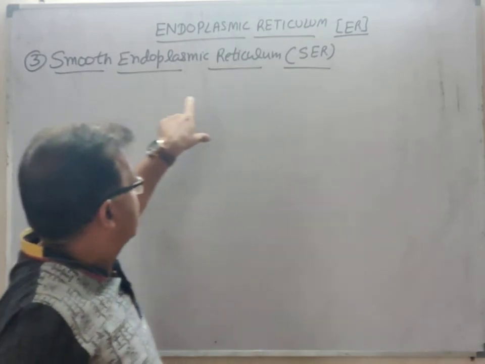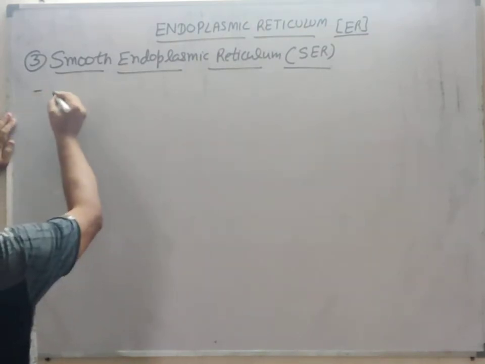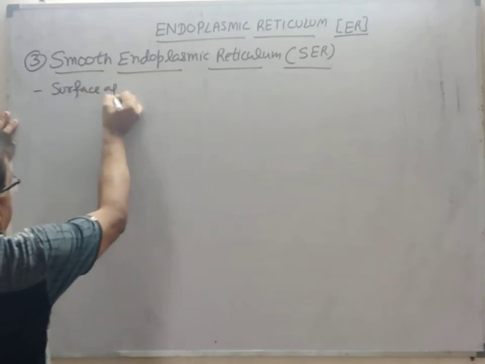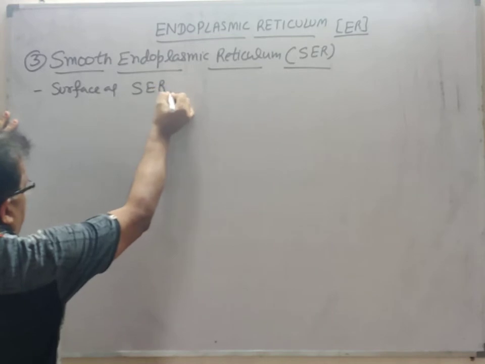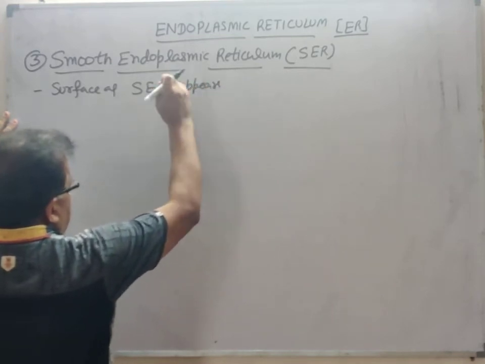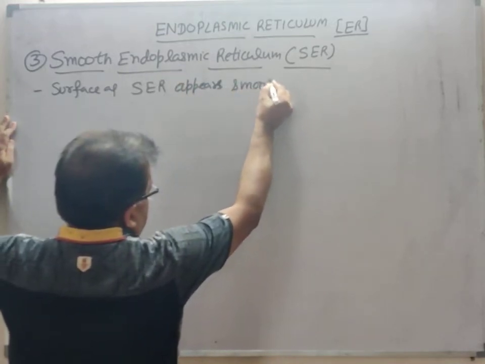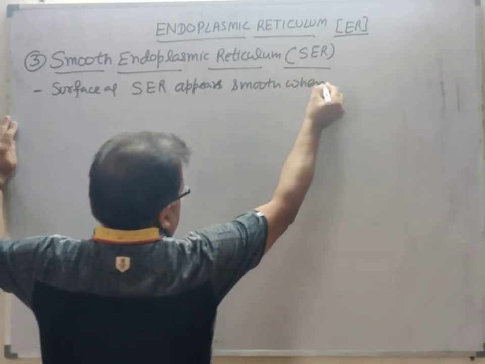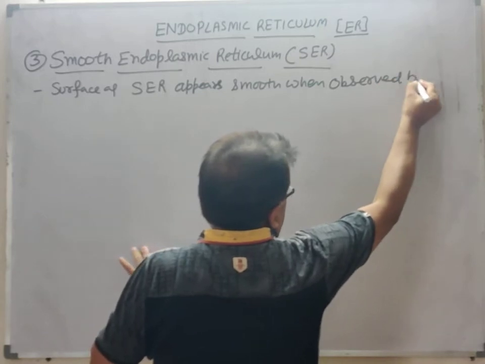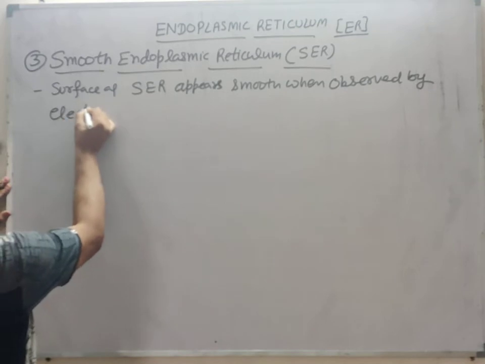We can write in both, it is a membrane bound structure. The surface of smooth endoplasmic reticulum appears smooth when observed by electron microscope.